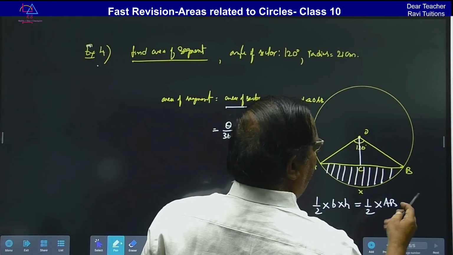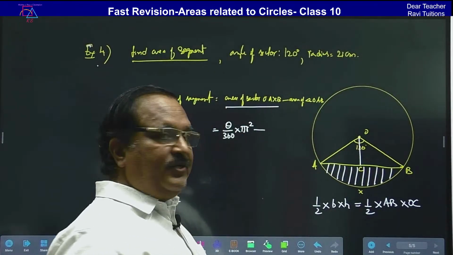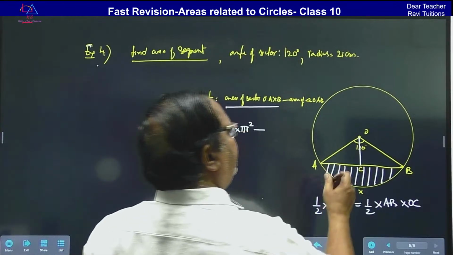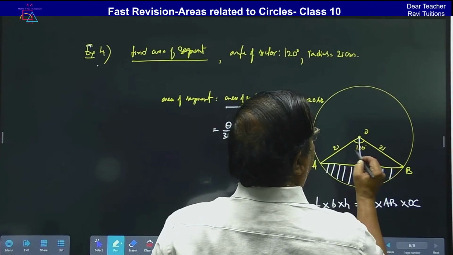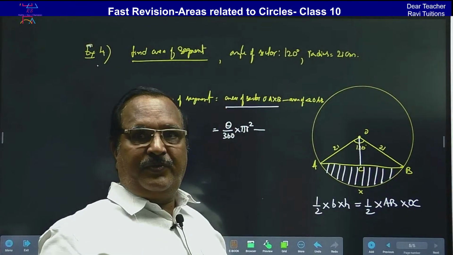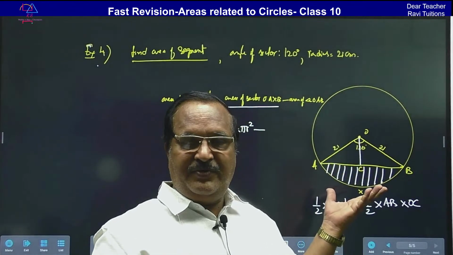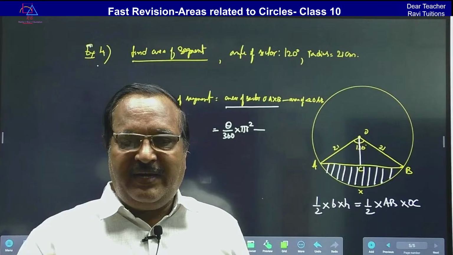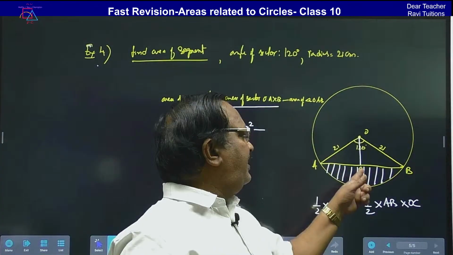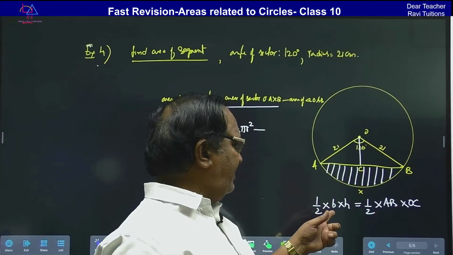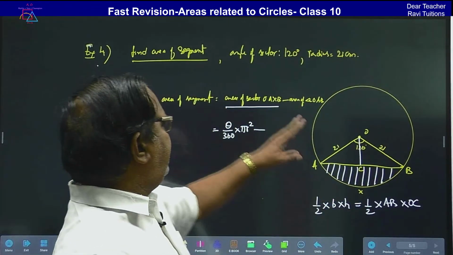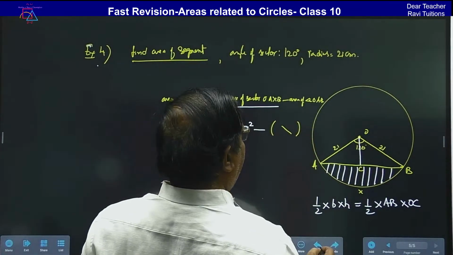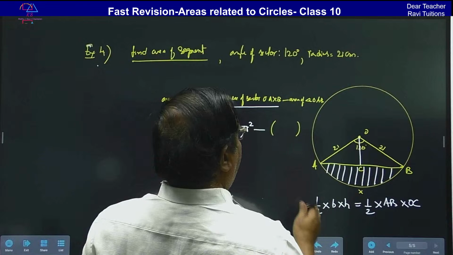Area is half AB into OC. AB we do not know, but radius we know: this is 21 centimeters. We do not know the height or the base. That is why you should find AB first, then OC, then the area, and put this area here.